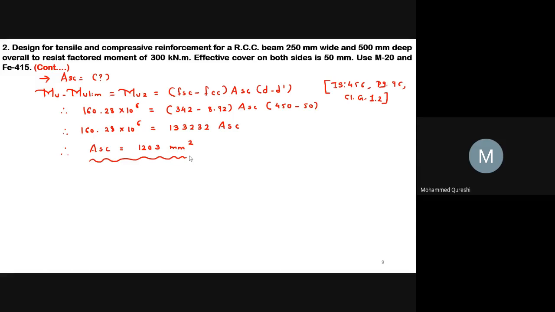Now, we have to find the value of AST, that is the area of tensile reinforcement. For the area of tensile reinforcement, we will find AST1 and AST2. Then after summation of both the values, we will get the total area of tension reinforcement.